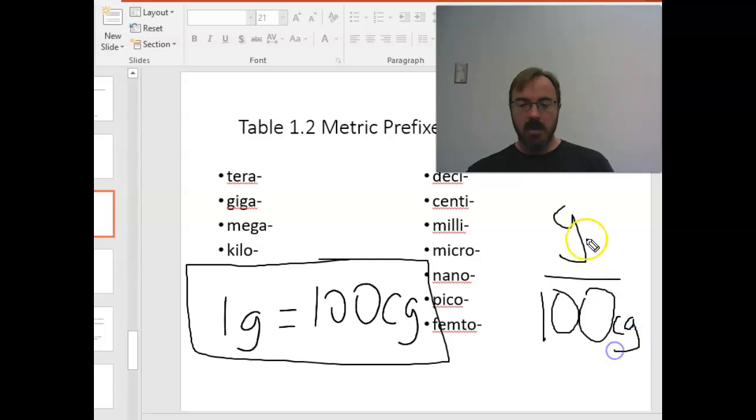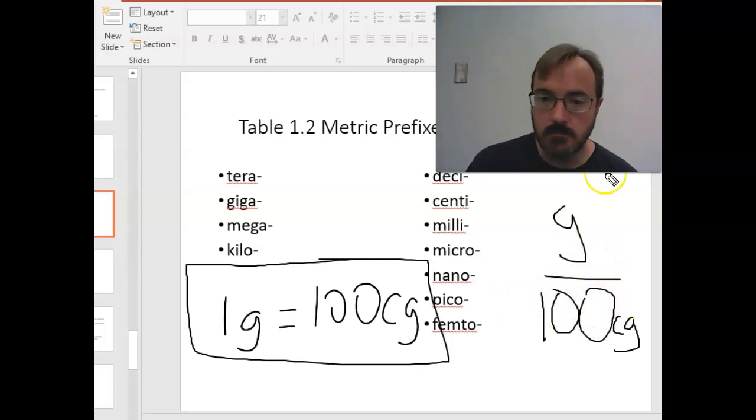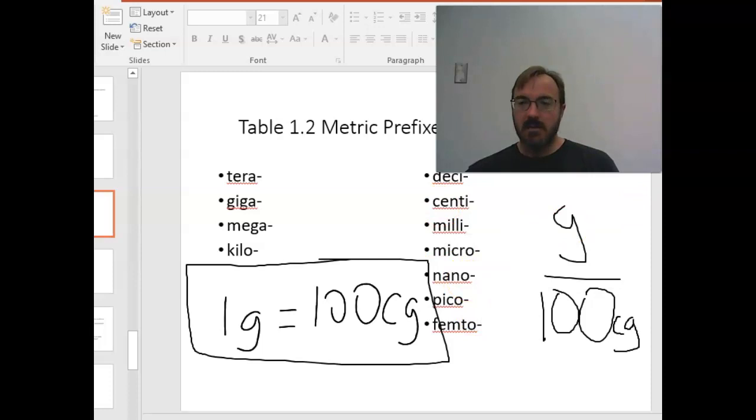So I can multiply anything I want by 1, and it's not going to change the actual number. All right. This is the idea behind dimensional analysis, just multiplying by 1. And it's also the idea for how you're going to convert these. But you need to know these conversions to get from the common prefixes, giga, mega, kilo, deci, centi, milli, and the base units themselves. So you have to know what these are.